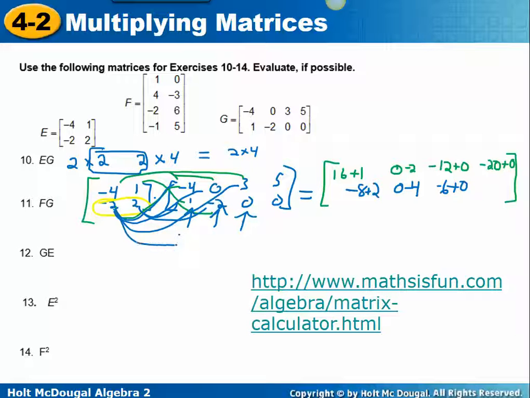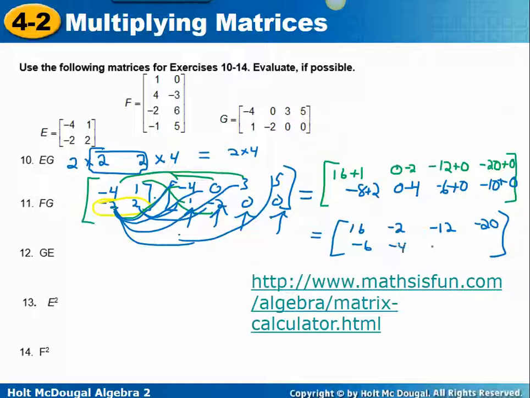And then finally, I'm over to this last column, -2 times 5, plus 2 times 0, 0. Again, zeros are great when you see those in a matrix. So now I simplify. I get 16, -2, -12, -20 for the top row, and -6, -4, -6, -10 for the bottom row.